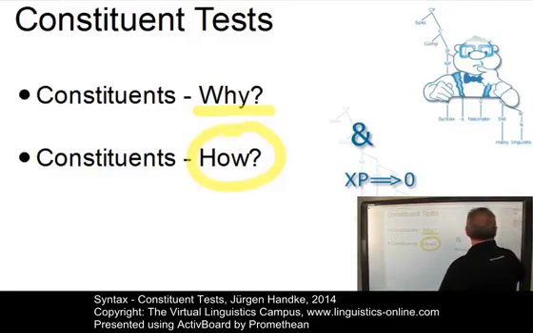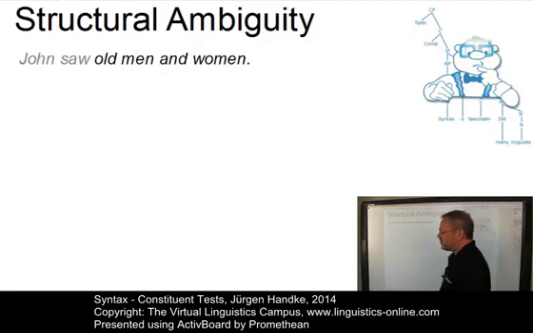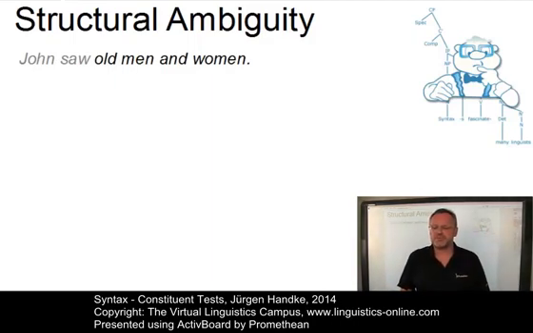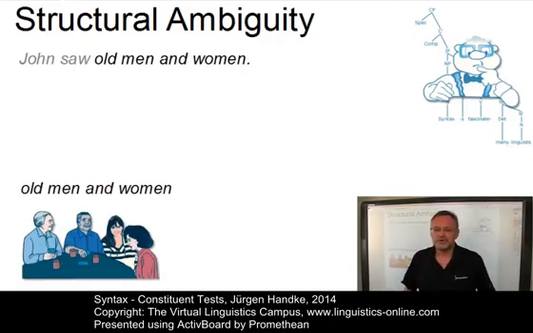Well, take the sentence, "John saw old men and women." This construction can be interpreted in two ways. Either John saw old men and women of any age, or John saw both men and women who are old.